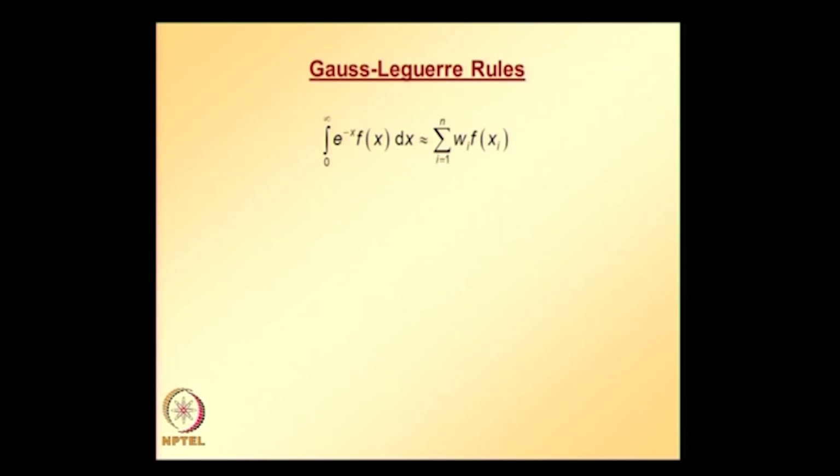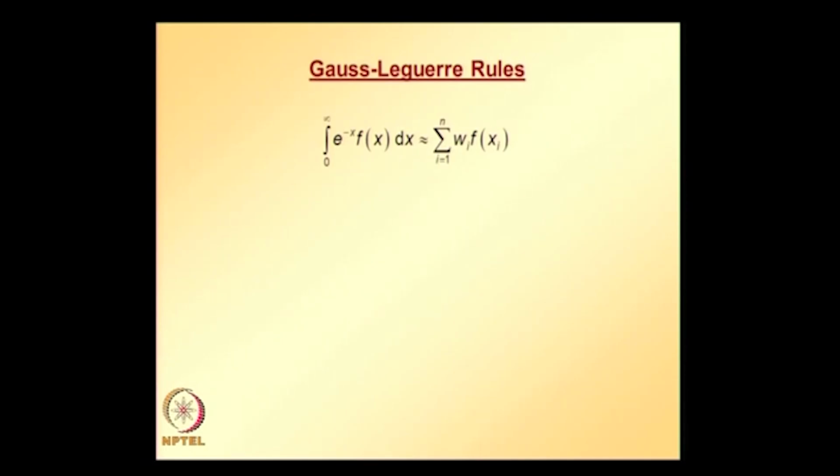similar to the Newton-Cotes rules or Gauss-Legendre rules that we have seen. What we basically need to do is evaluate the function at some points over the domain between 0 and infinity and multiply with the corresponding weights, and the number of points that we need to use depends on our choice.